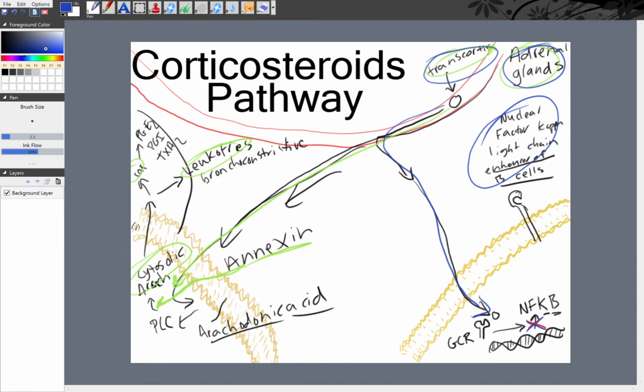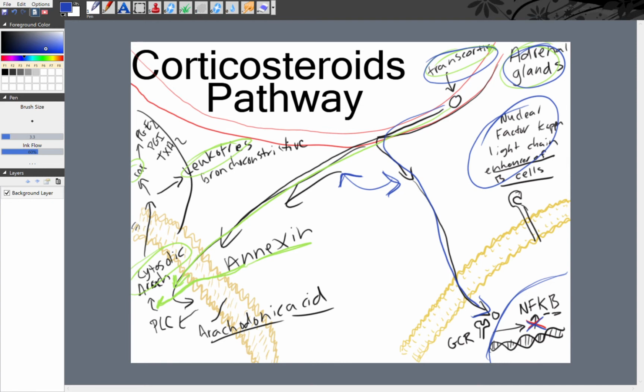So if you're taking corticosteroids for a long period of time, you're going to get potentially immunosuppression, because you're blocking inflammation in two different ways. One of these ways is in the nucleus. It's a slow process, but it is going to reside in that person for a while.